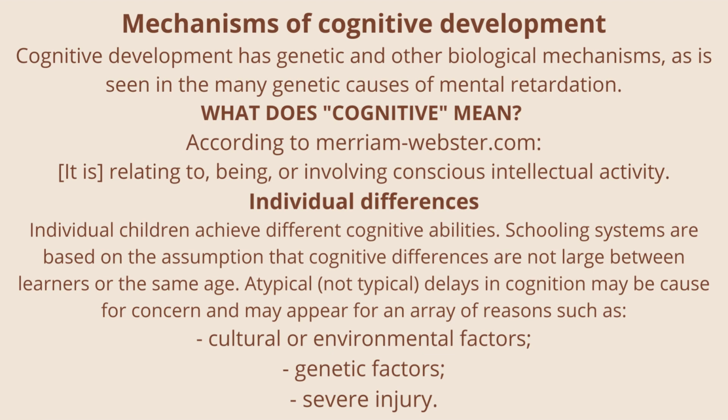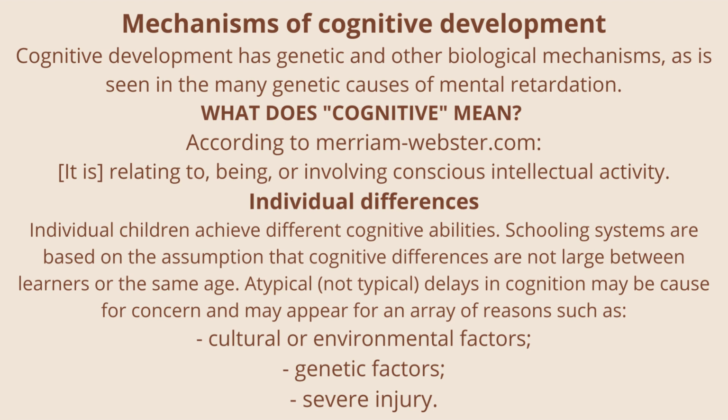Cognitive development has genetic and other biological mechanisms, as is seen in the many genetic causes of mental retardation. What does cognitive mean? According to Merriam-Webster.com, it is relating to or being or involving conscious intellectual activity.